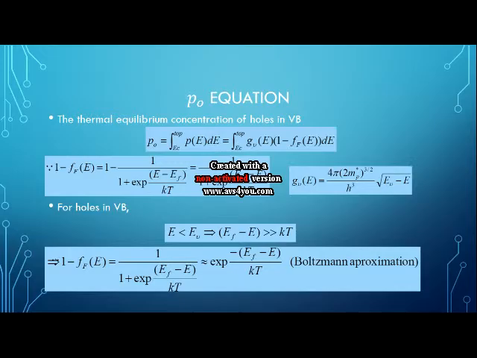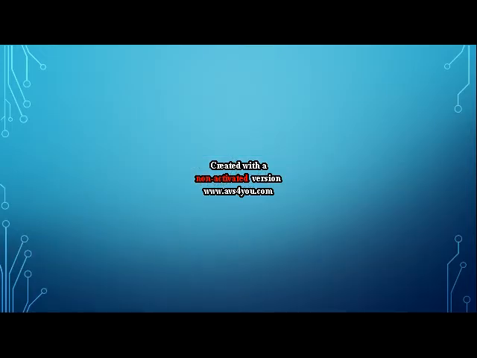For holes in the valence band, E is less than the energy of the valence band edge, which implies kT is less than EF minus E. By applying the Boltzmann approximation, the probability density becomes exponential of minus (EF minus E) over kT.